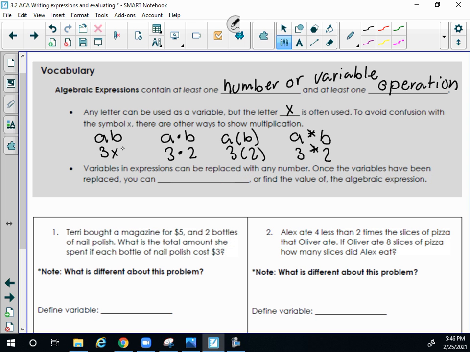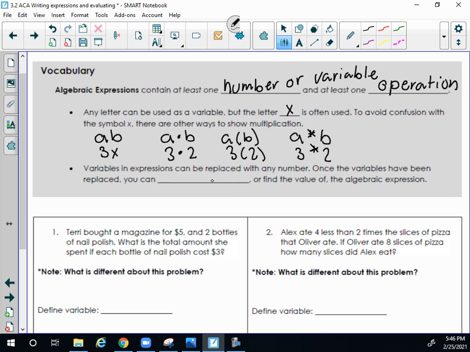The reason you don't put numbers in both of these right next to each other is because then it would end up looking like a completely different number. For example, if I put a 2 in for x, it would look like 32. So usually if there's two numbers, you use one of these ways. Typically one of the two in the middle.